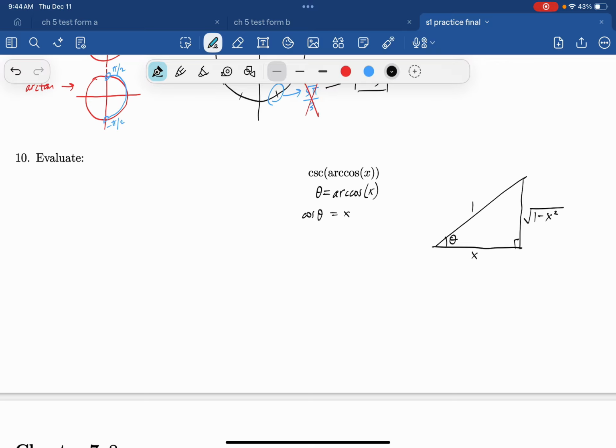And so our question is finding cosecant of arc cosine of x. In other words, we're looking for cosecant of theta. And so what is cosecant of theta based on this triangle? Well, it's just going to be the hypotenuse over the opposite, right? Because it's 1 over sine. So the answer is 1 over square root of 1 minus x squared. All right, for these questions, whenever we have x's, we don't need to rationalize.